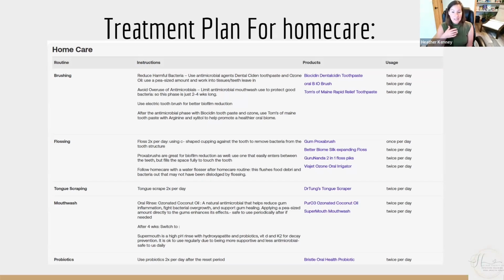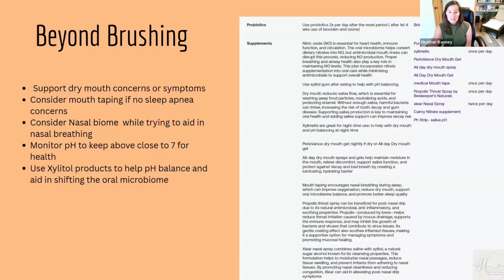I'm seeing a really nice shift with ozone use, helping to build those beneficials. And of course, xylitol is going to help, and pH balancing is going to help too. So thinking beyond brushing, some prebiotics or probiotics, the Bristle brand would be what I would recommend due to the variety grouping that his score indicated.